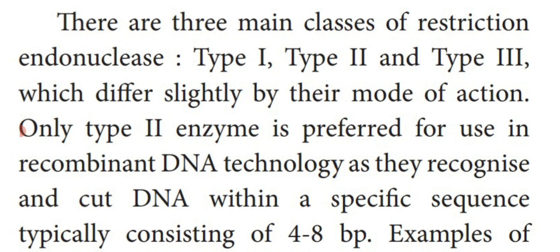It is divided into three classes, type 1, type 2 and type 3. Out of these three, type 2 is mostly responsible for the genetic engineering process because it contains 4 to 8 base pairs.